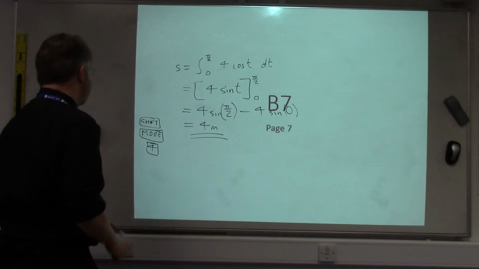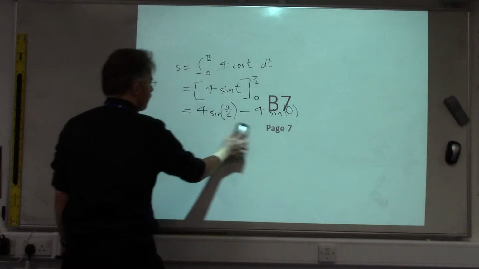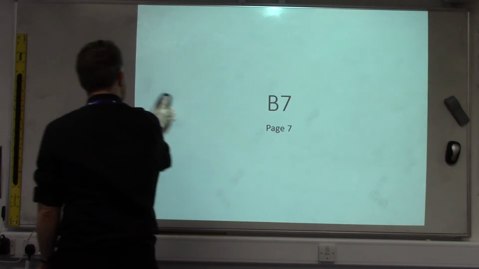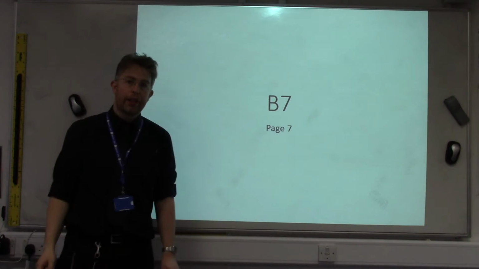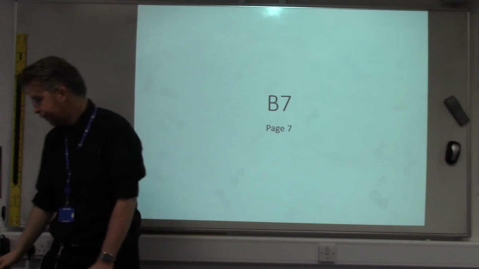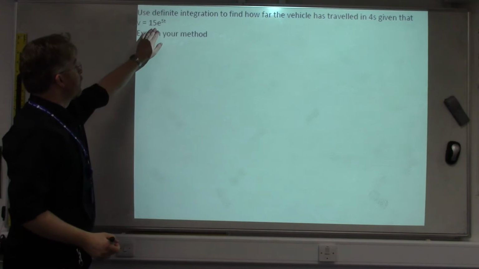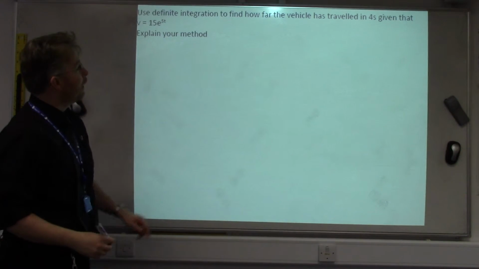Going on to B7. So I'm now on page 7 of the examples booklet. And this time the function we need to integrate is 15e to the 5t.